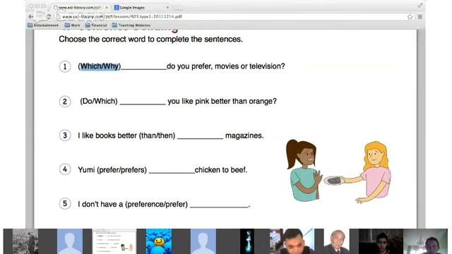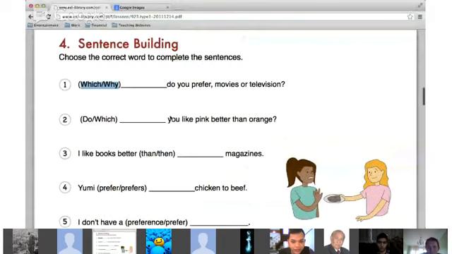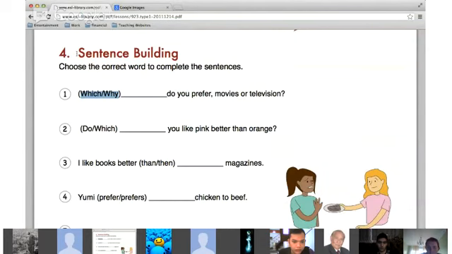Number 1 on exercise 4. Why do you prefer movies or television? Okay, it would not be why. It would be which. Because when you say why, it is a reason.